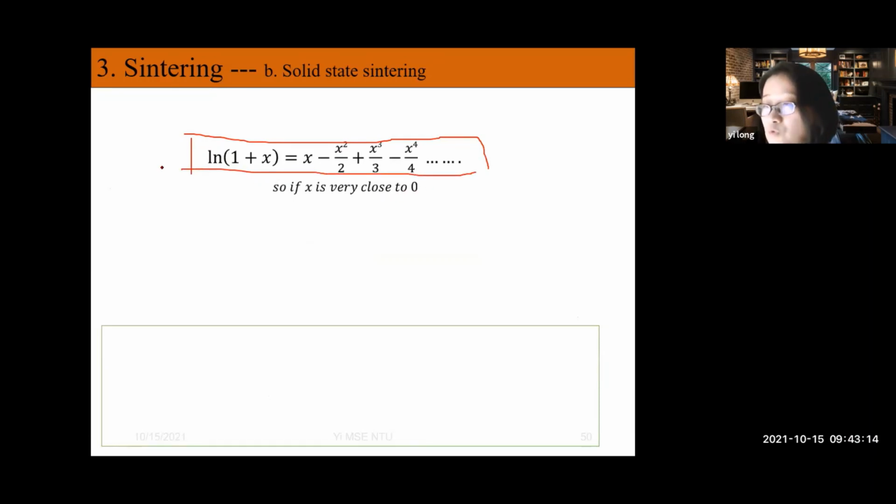Starting from this equation, I'm giving you the special case now. If x is very close to 0, for example, let's say x is 0.1, tell me what is ln 1.1? Don't use a calculator. Can you just quickly give me an answer?